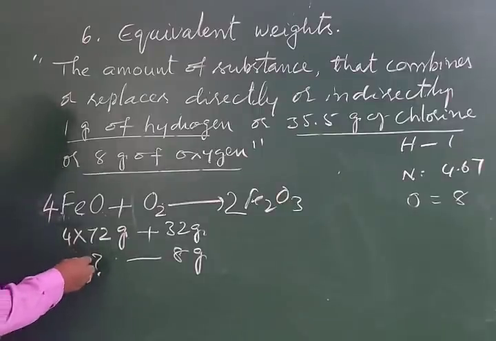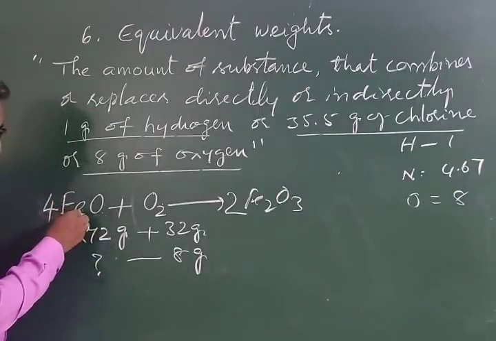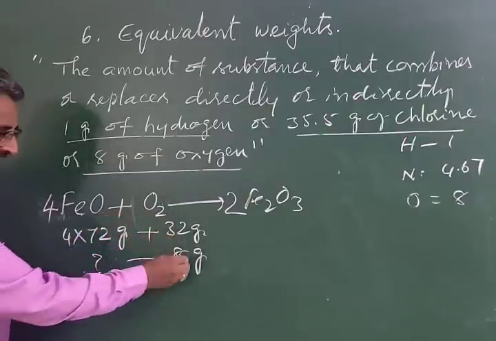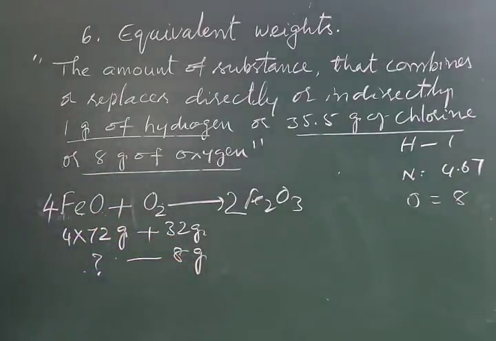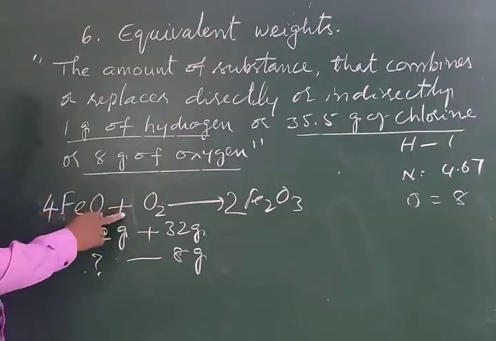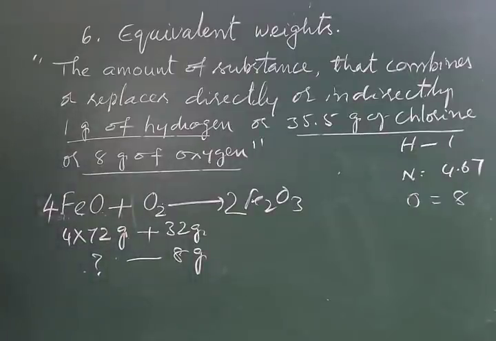Okay. The amount of ferrous oxide that can combine with 8 grams of oxygen is said to be the equivalent weight of ferrous oxide. In this reaction, ferrous oxide is changing to ferric oxide. In this reaction, 4 into 72 grams of ferrous oxide is combining with 32 grams of oxygen.